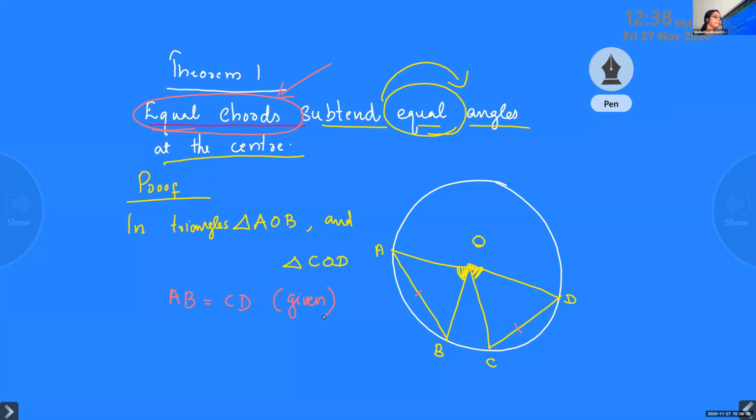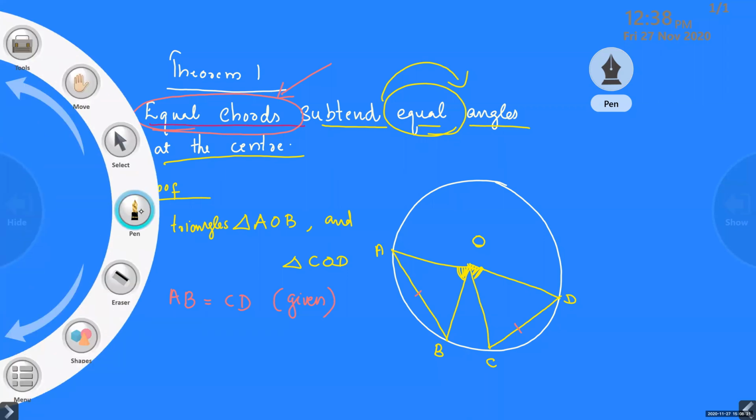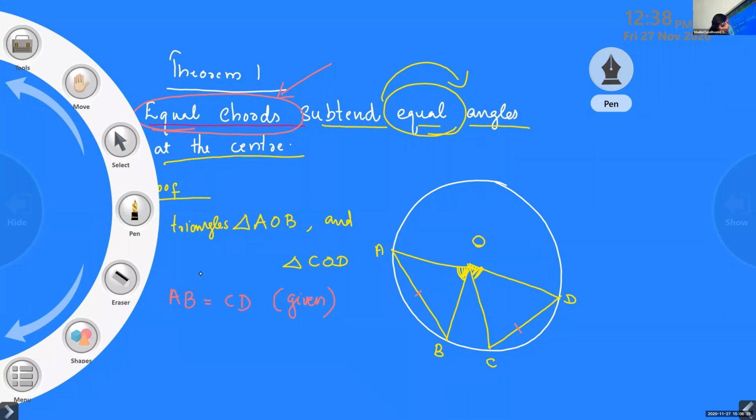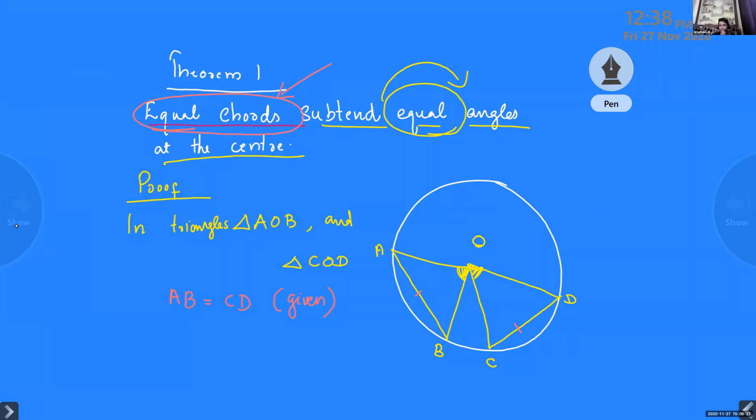Okay, children. Now look at the triangle again. There are other two sides for the triangles. What is the speciality of these sides? In these triangles AOB, we have taken equal chords. There are other sides also.